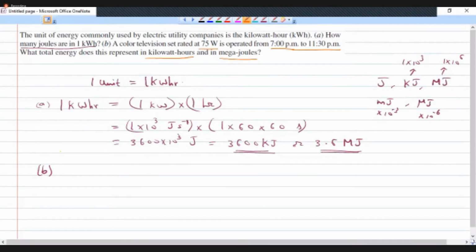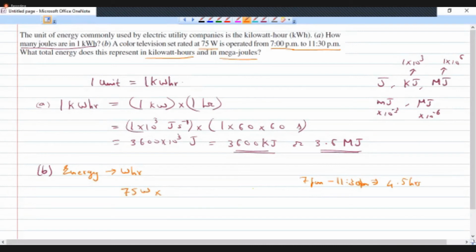So energy, we have understood that the unit of energy is nothing but watt hour. We are having the 75 watt TV working from 7 p.m. to 11:30 p.m. It means 4.5 hours.